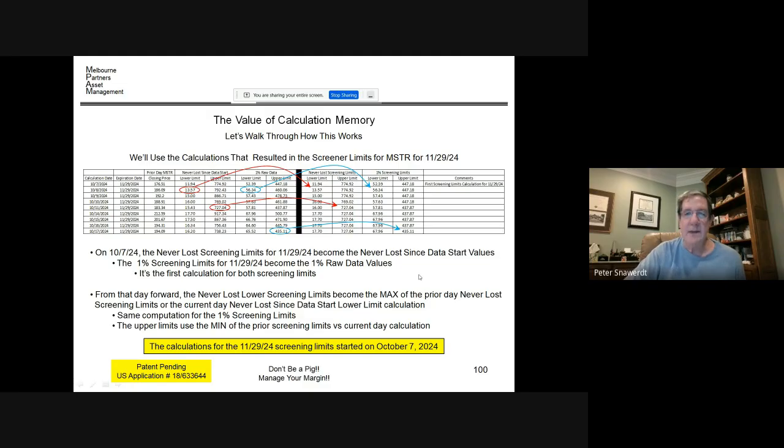You getting a sense of how this kind of works for both sides? This is what happens in the screener files that we put out every single day.